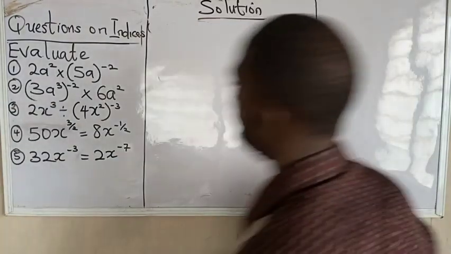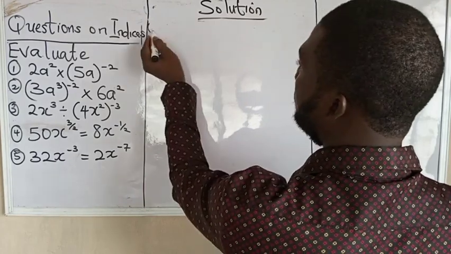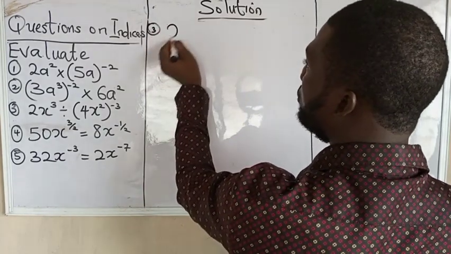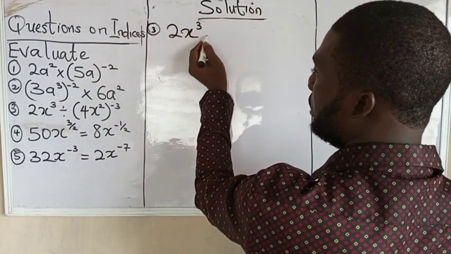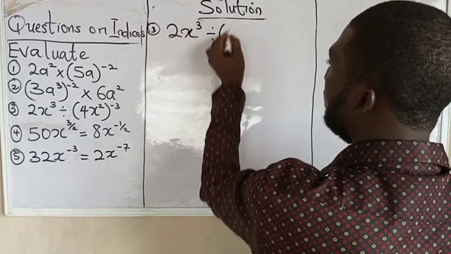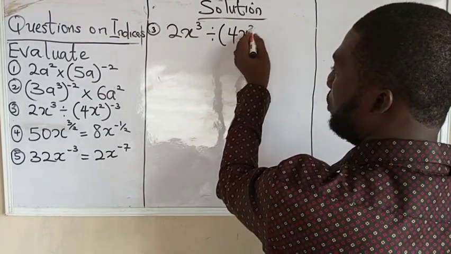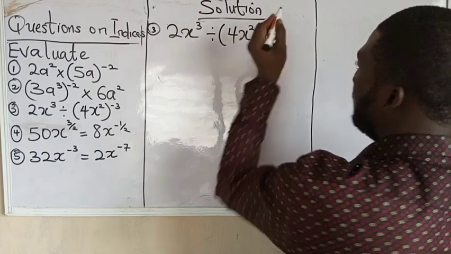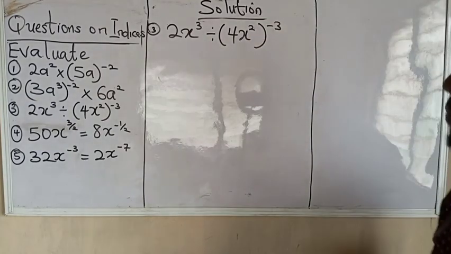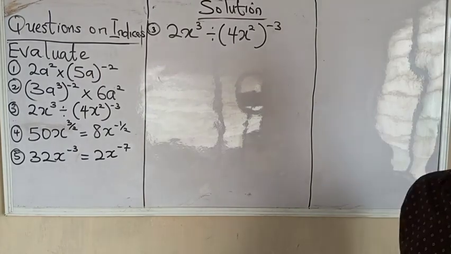Number 3 says, 2x raised to power 3 divided by 4x raised to power 2, all in brackets, raised to minus 3. So how do we go about this? The same way, the same style, the same pattern.